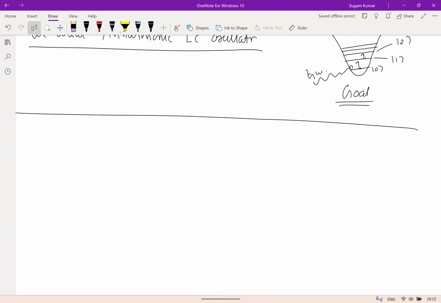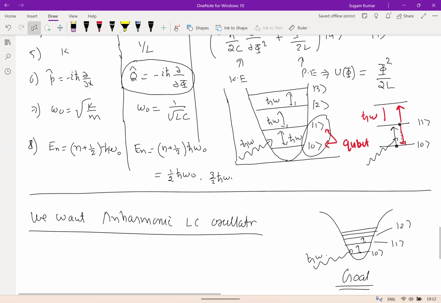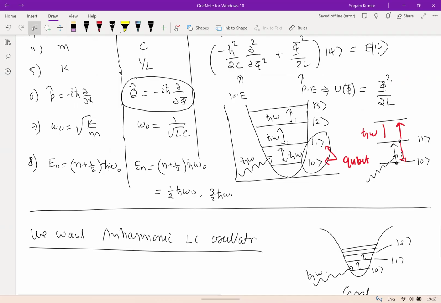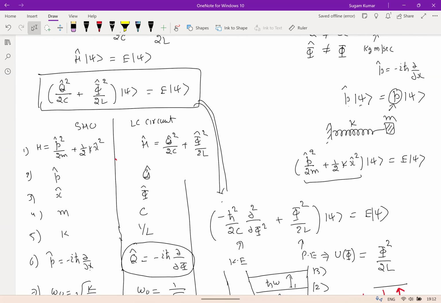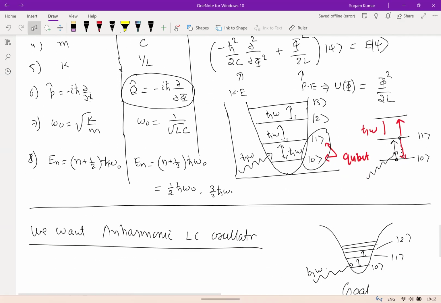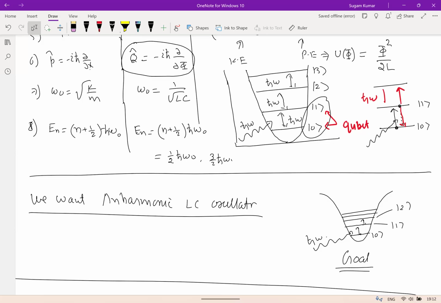Any question? Anybody want to ask? Yeah, hello, Sugam. Yes. Regarding the correspondence between the Schrodinger equation and this equation that we wrote, in this case, the wave function of what are we talking about? Is it again a Cooper pair, or what wave function are we talking about here? It depends on what variable you're going to use to create a qubit.